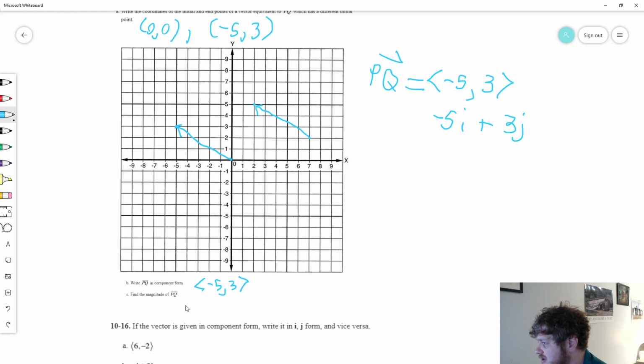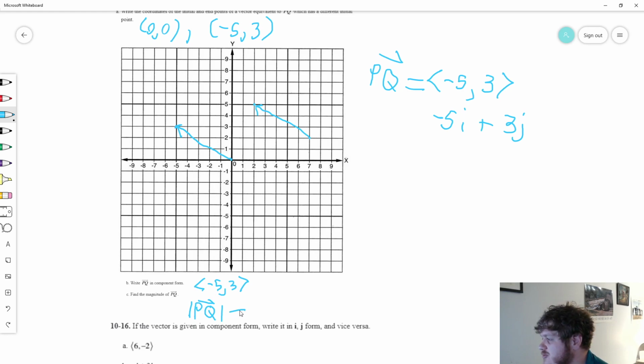So the magnitude of PQ. A lot of places use double bars to show the magnitude of a vector. For me, I just use the absolute value bars, one single set rather than two. As far as I know, it's completely up to preference. If you do the vector hat, it makes it pretty obvious you're doing a vector and not just taking the absolute value of a scalar.